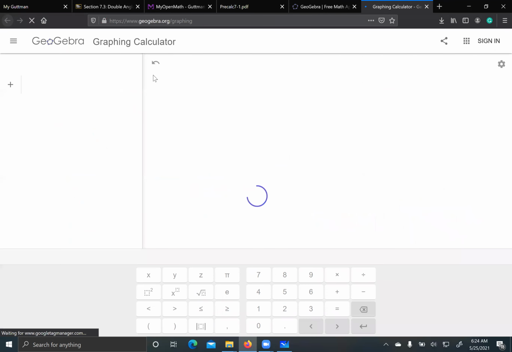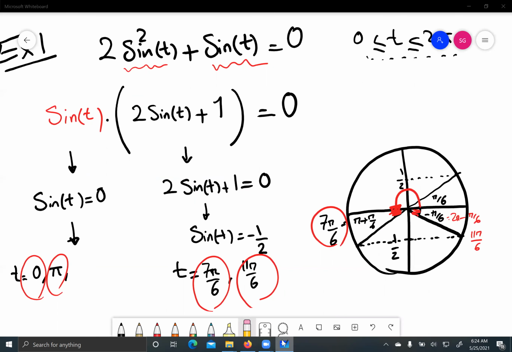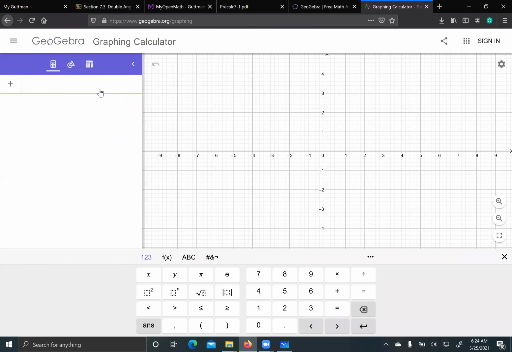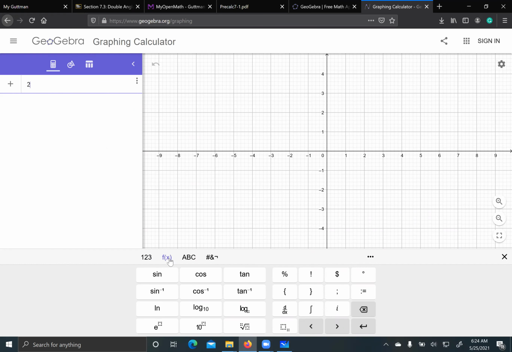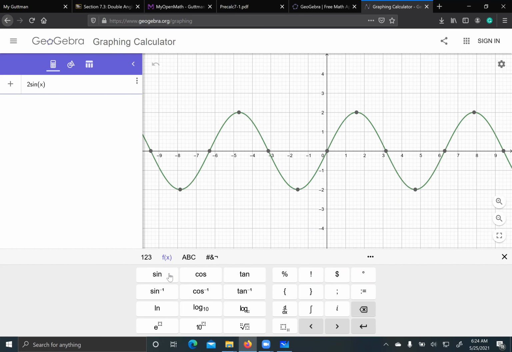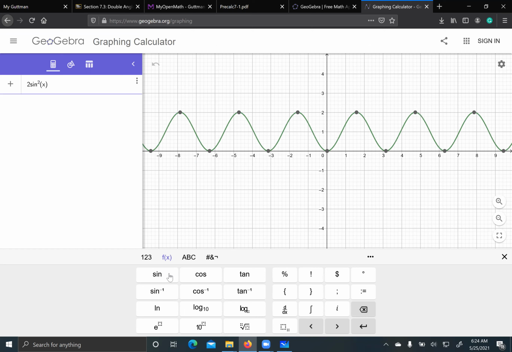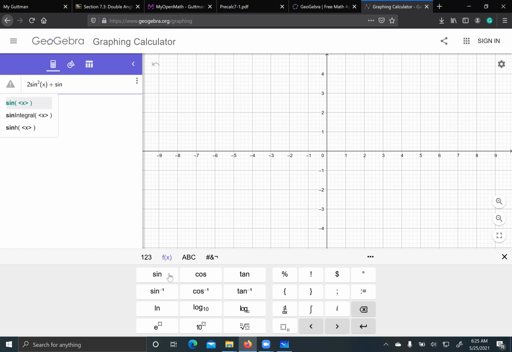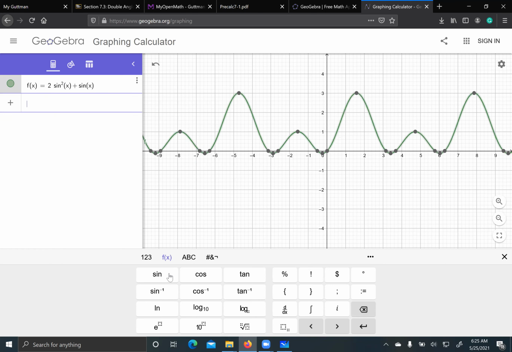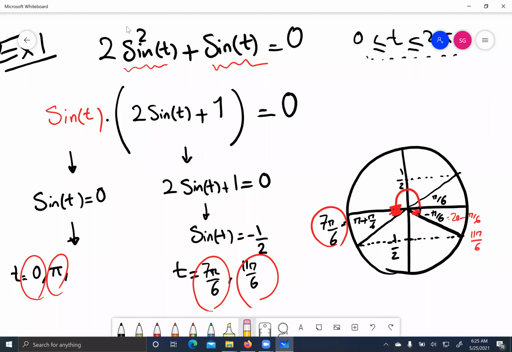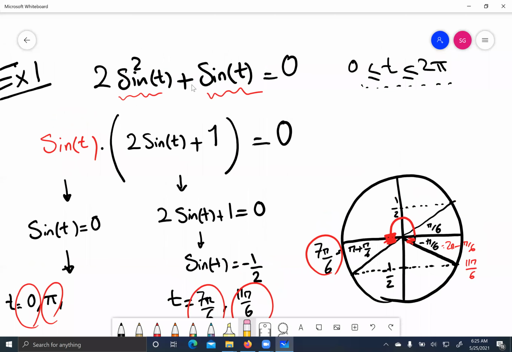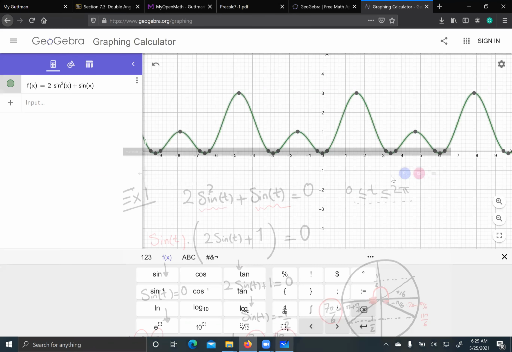So on the right side, we have 2 sine square of x plus sine of x. Okay, as you can see, what does this mean? The equation 2 sine square plus sine of t equals 0 when the graph is 0, right? When the graph is 0.